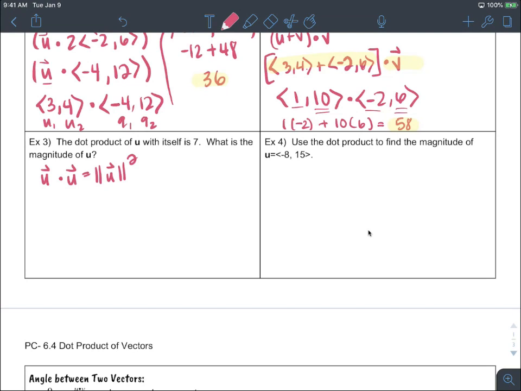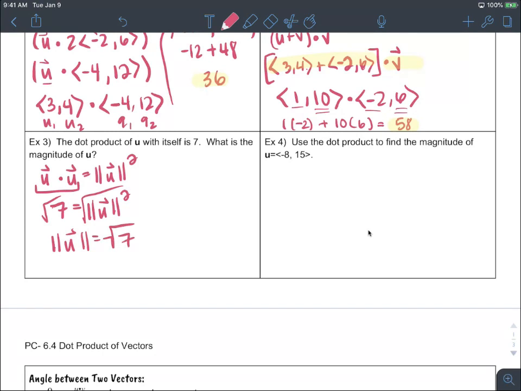So I know that since the dot product with itself is equal to 7, the magnitude of u squared is equal to 7. So just solving for magnitude, we're going to root both sides. I get the magnitude of u is equal to the square root of 7.